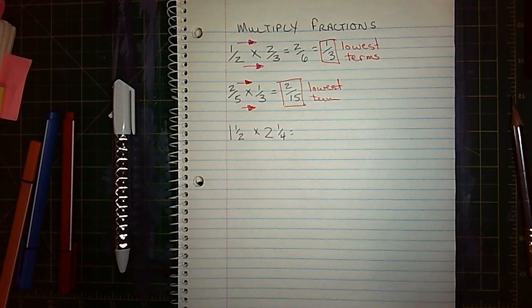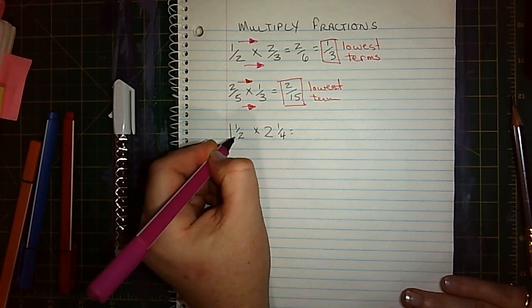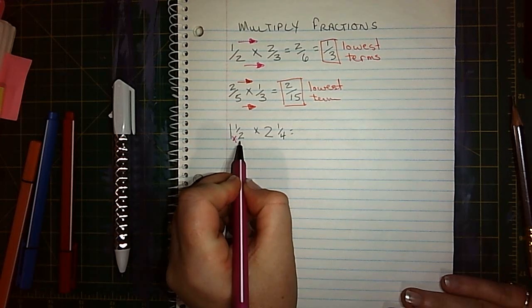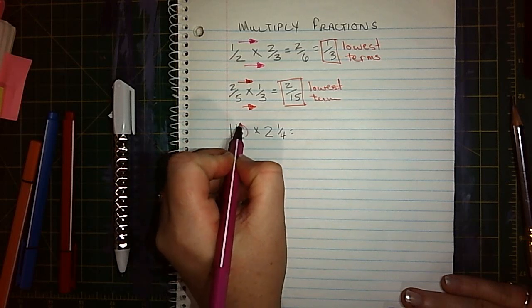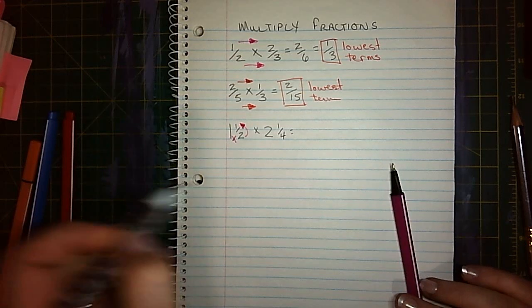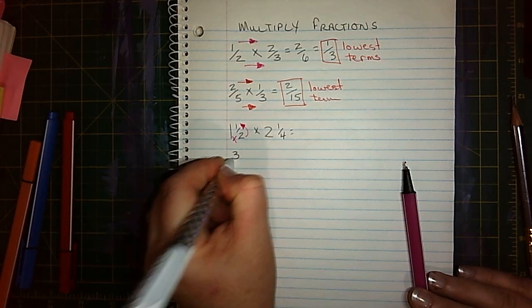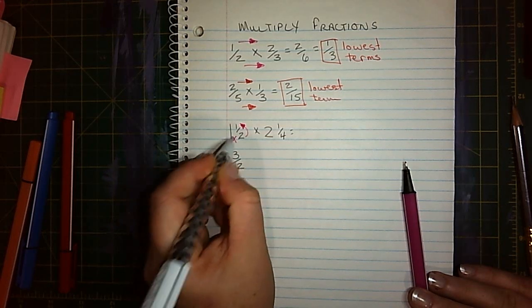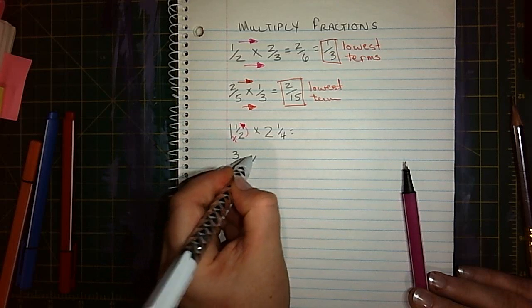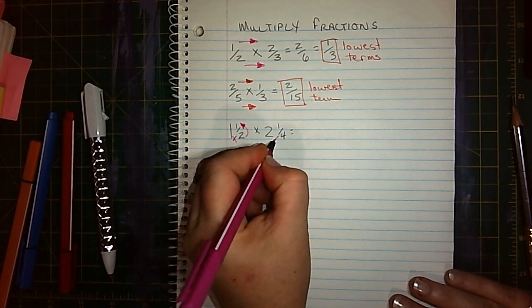So again, as a reminder of what is going to happen there, multiply the whole number by the denominator, add the top, right? So in this case, 1 times 2, 2 plus the 1, we have 3 over 2. Denominator stays the same. Same thing over here.